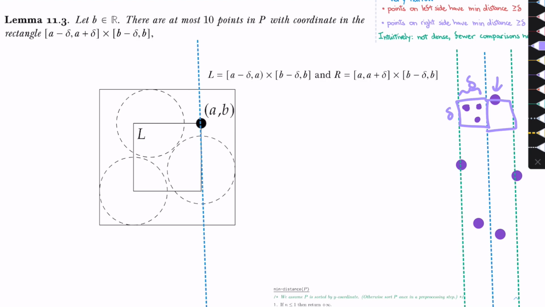And I want to argue that there can only be a few points inside there. That seems intuitively clear because we know they have to be delta apart. I just want to now get this down on paper and formalize it. So how can I argue that inside L there can only be a limited number of points?